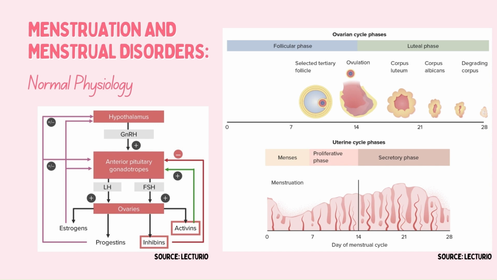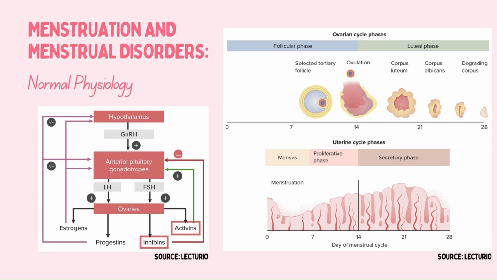And ultimately, this will cause menstruation and a cessation of the feedback on the hypothalamus and pituitary gland. So it'll restart the pulsatile GnRH secretion, which causes increased FSH and LH, which leads to follicle maturation. And if you couldn't tell, we're restarting the cycle.